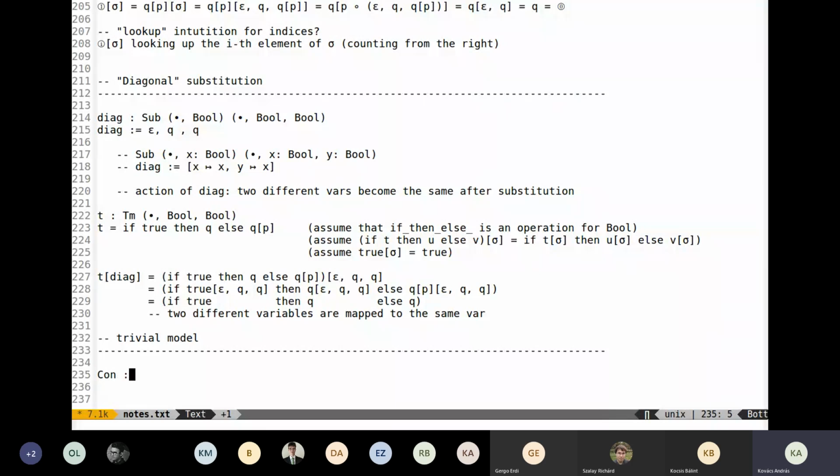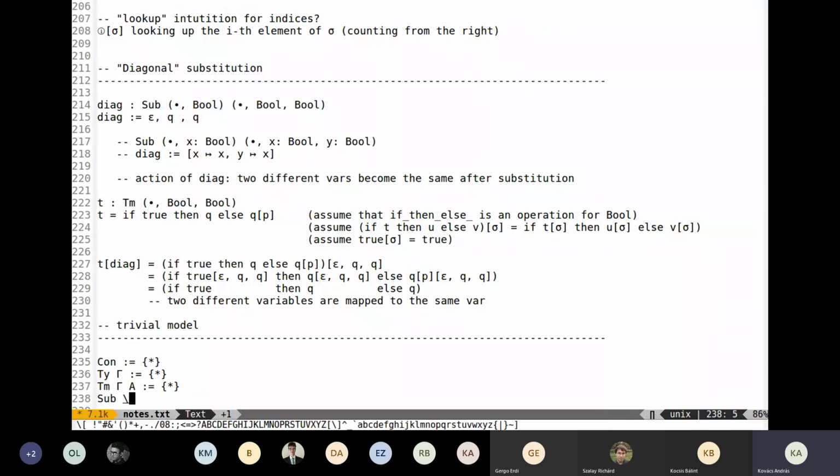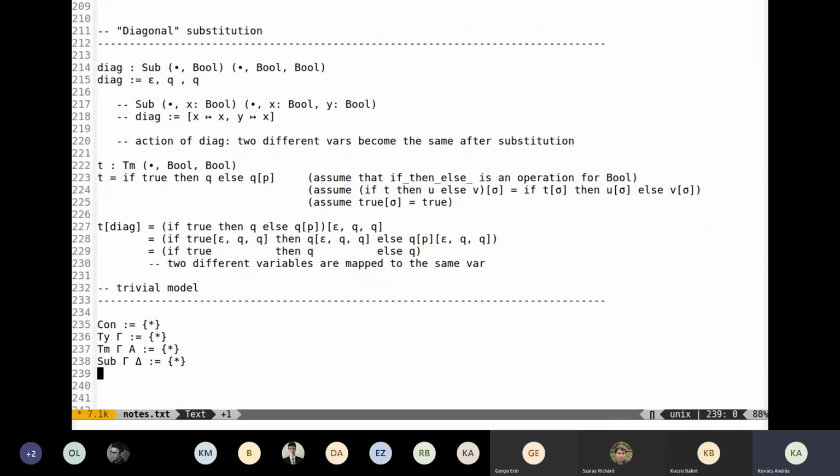So con is defined to be this, type of anything is defined to be this, TM gamma is defined to be this, sub is defined to be this, and then every operation is a constant function returning star, and every equation works trivially.